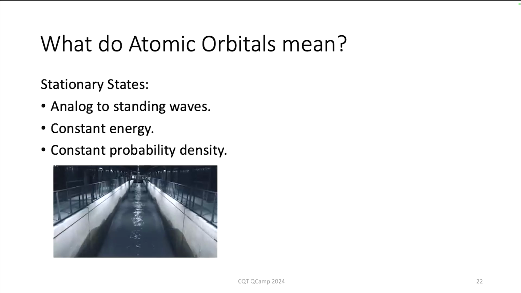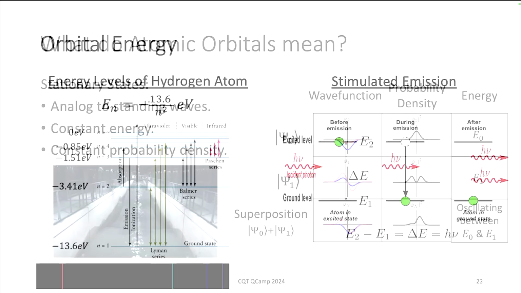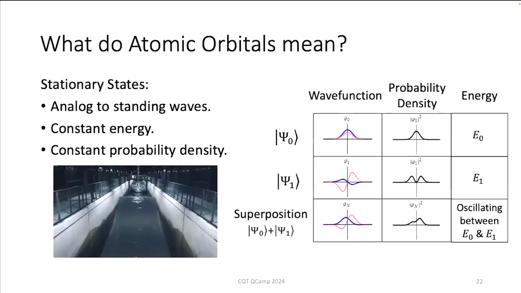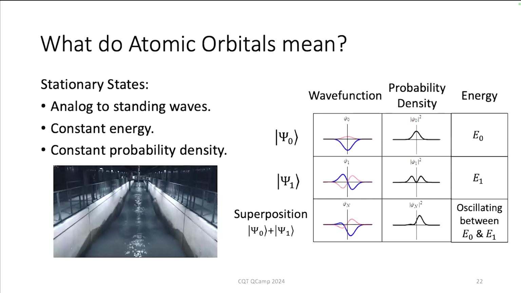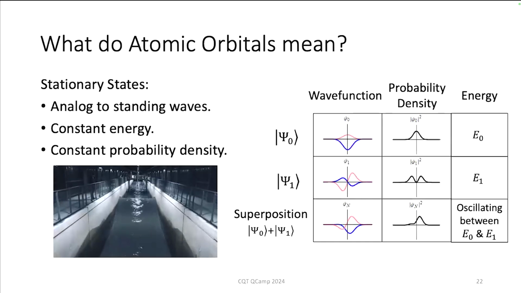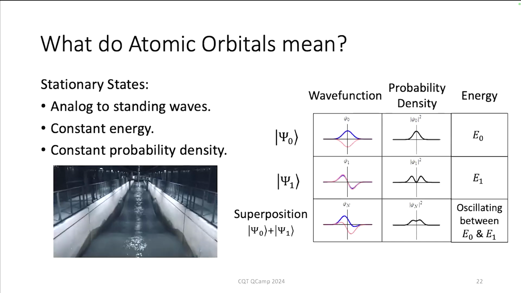So in quantum mechanics, if we have these two eigenstates, the wave function might be changing in time, but the probability density remains fixed, and the same goes for the other eigenstates as well. This is what we mean by stationary states. If we were to superpose these two eigenstates, we have a wave function that is changing, and the probability density changes.